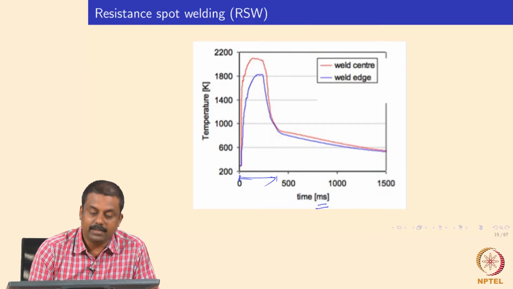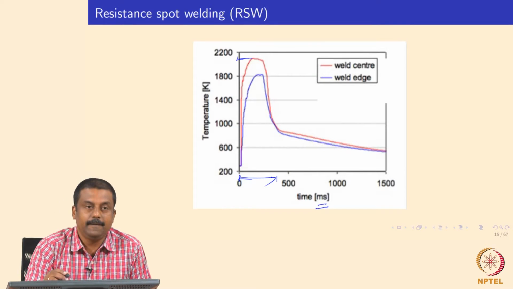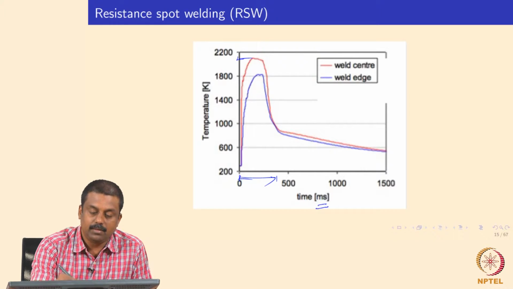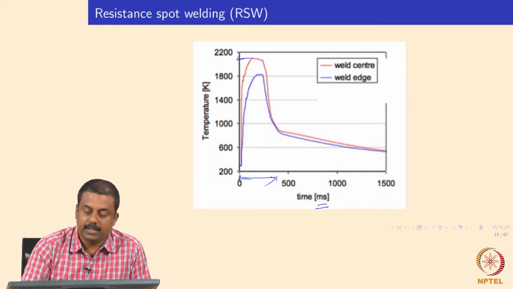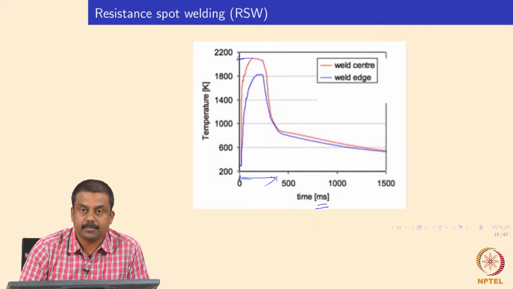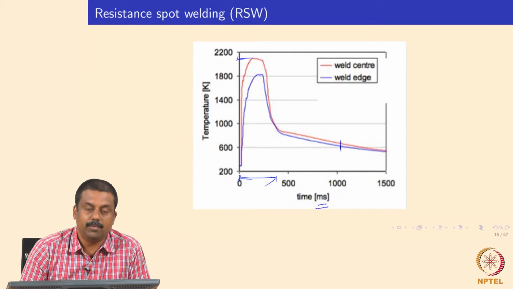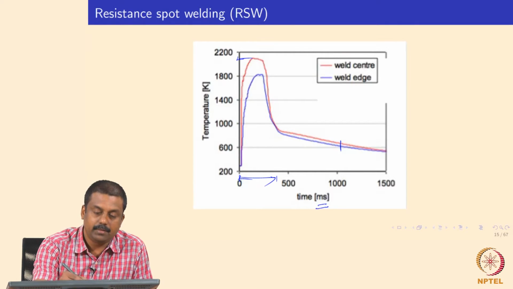Within 500 milliseconds the material is heated to a temperature as high as 2000 Kelvin, something around 1700 centigrade, and then cooled to room temperature within a second. That means your cooling rates are roughly about 1000 Kelvin per second in this case, and in some regions even higher.